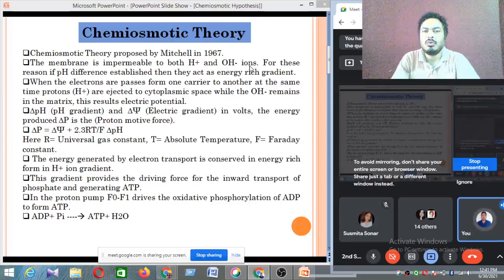It is impermeable. So how are they moving from one place to another? They are moving through the complexes.